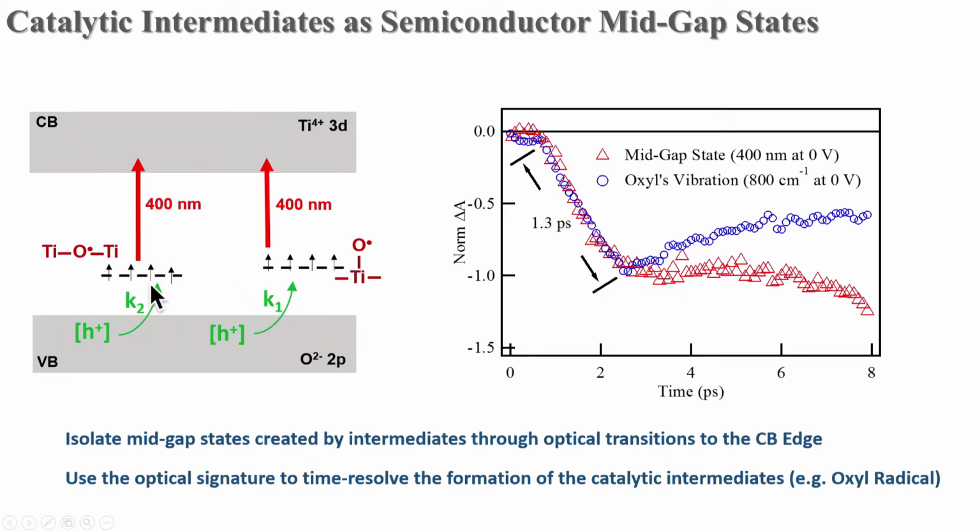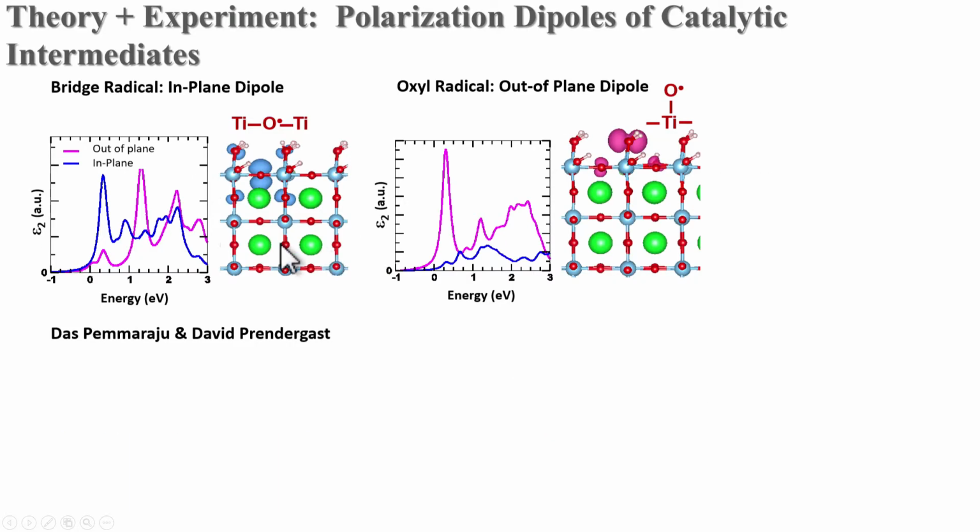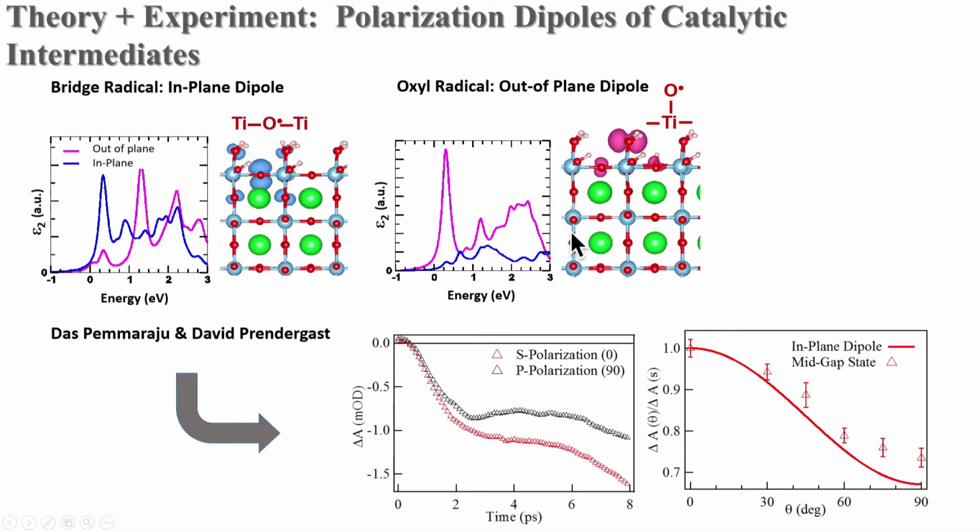Now, to identify that, you need something, again, structurally sensitive. What we discovered is that these transitions to the conduction band edge are polarized. In other words, for the transitions of the bridge radical, it's a fully in-plane optical dipole, whereas for the oxyl radical, it's out of plane. And when we measured our sample, we found that indeed we have a polarization dependence, and it's predominantly in plane, meaning that this 400 nanometer transition should relate to populating the surface with bridge radicals.